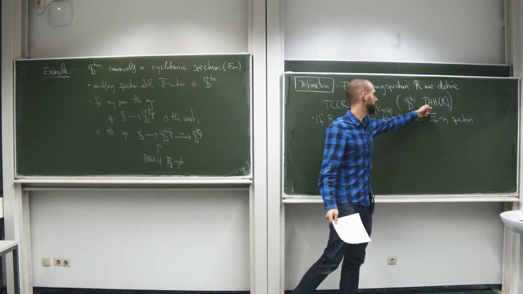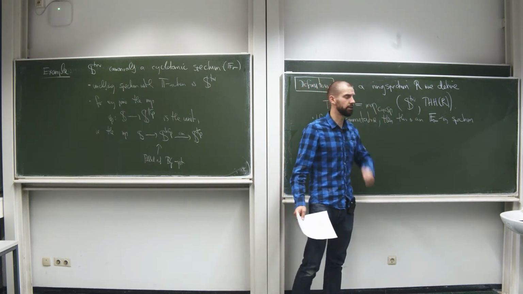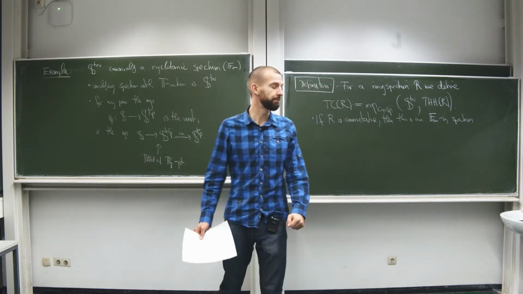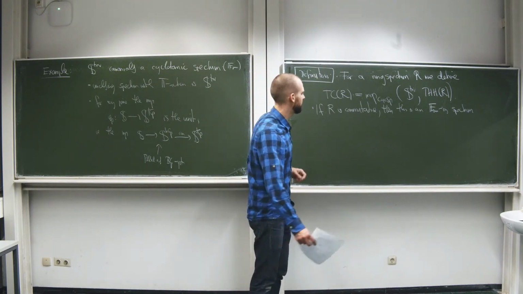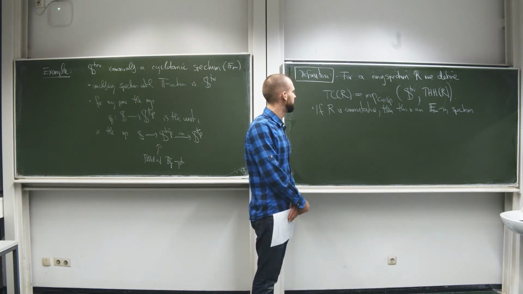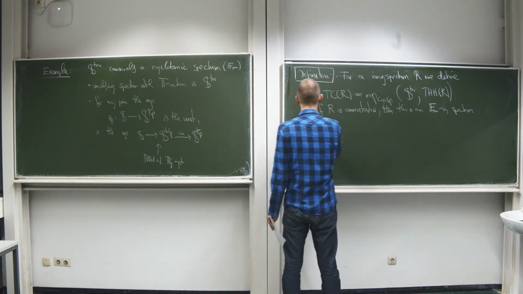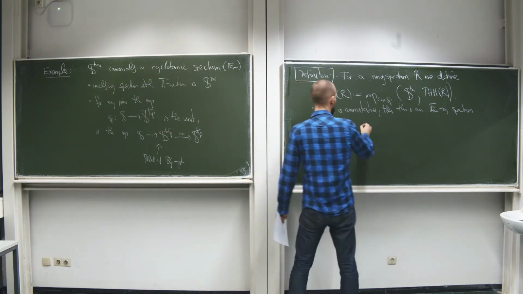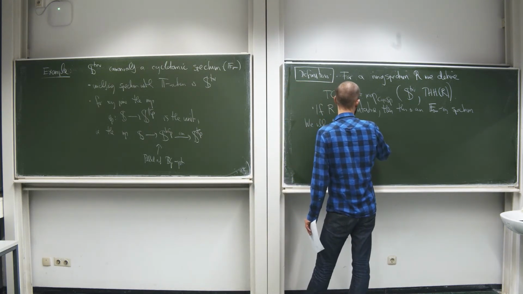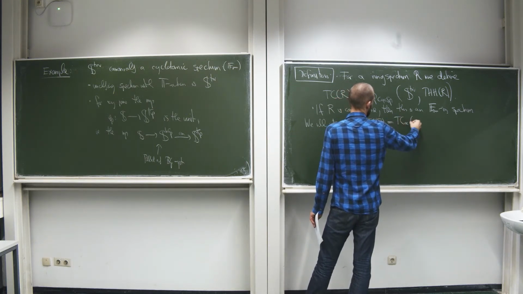So since this is an algebra, and this is in fact the tensor unit in the infinity category of cyclotomic spectra, as a result this is going to be a ring spectrum. So TC of a ring is a ring spectrum. And of course we will write pi_star TC(R) as TC_star(R).